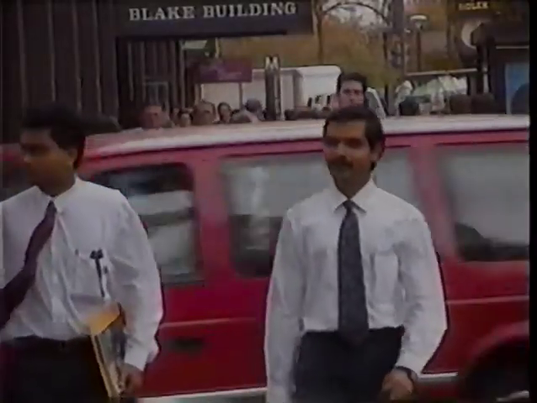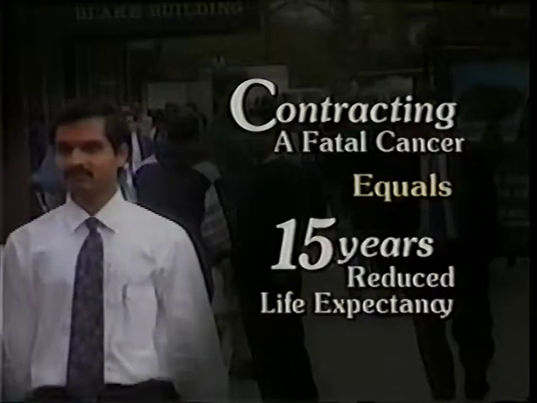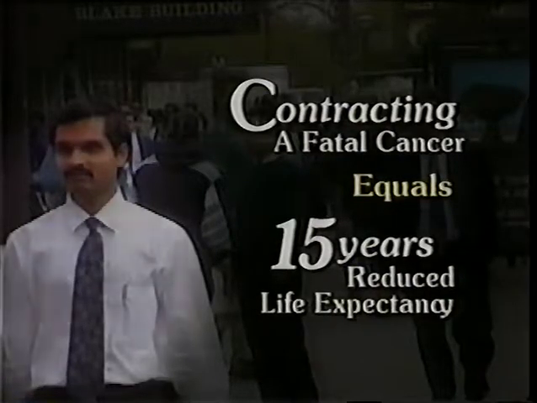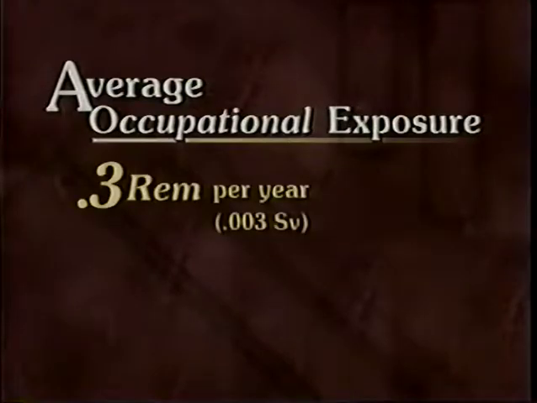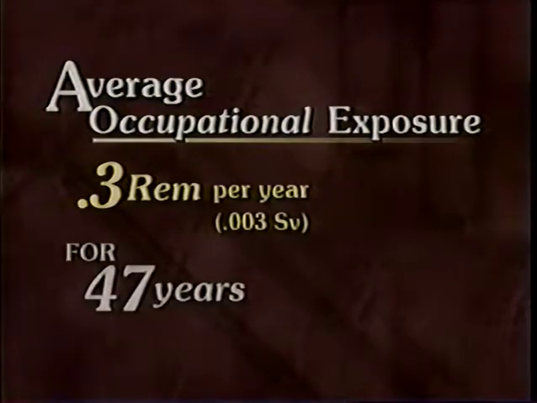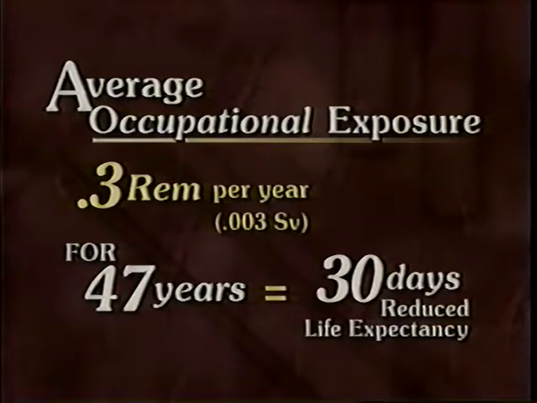Relative life expectancy is an easy comparison to understand. The average person who gets some form of fatal cancer is estimated to have a 15-year reduction in life expectancy. Using the NRC estimate of average occupational exposure of 0.3 rem per year, and assuming a career from ages 18 to 65, the projected estimate of life expectancy loss would be 30 days.